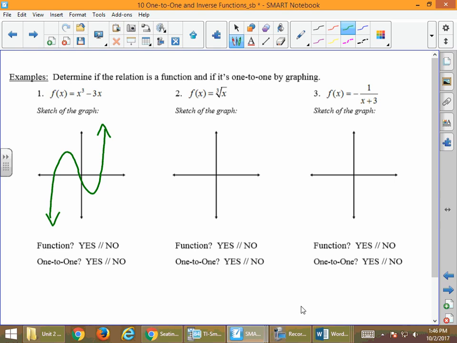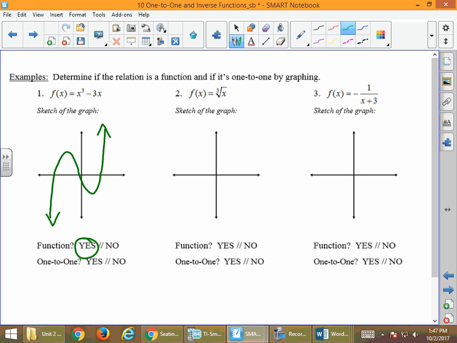So the first question is, is this a function? In the vertical line test, I don't want to draw through it because I won't be able to erase it. But is there any vertical line that ever touches that graph more than once? No. So that means that it is a function. And then the question is, is it one-to-one?